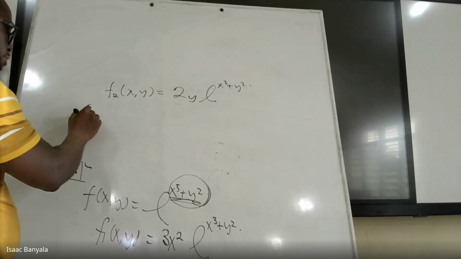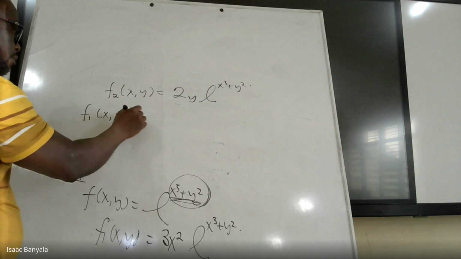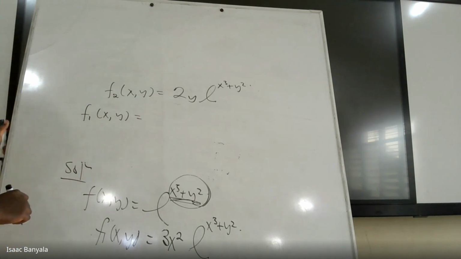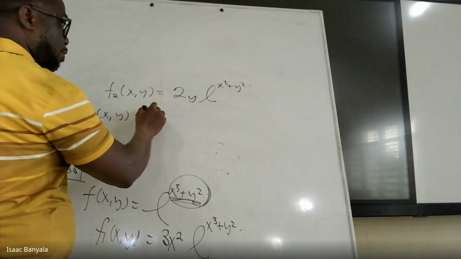The last one, 6x squared y. Please, let's do it first. We have F1. What will happen? The first one we did, we had 3x squared e raised to the power x cubed plus y squared.